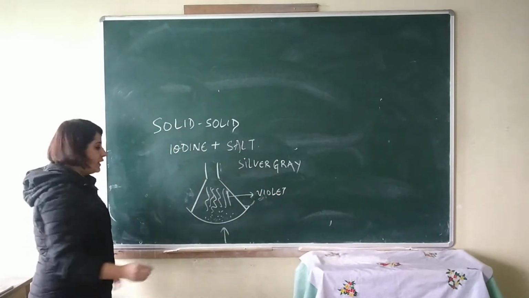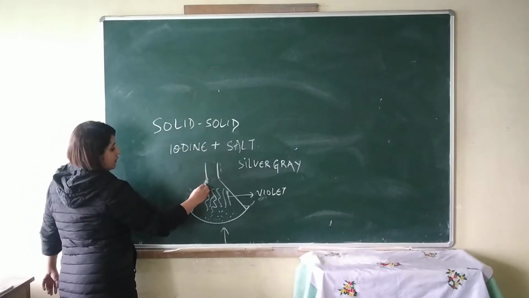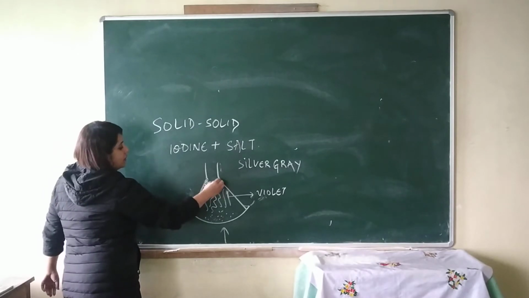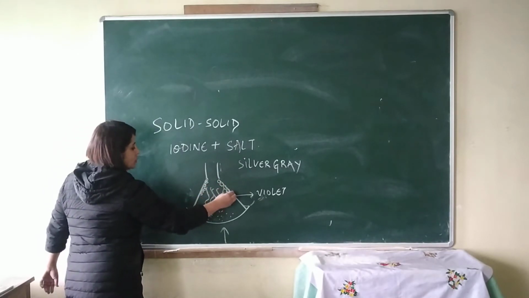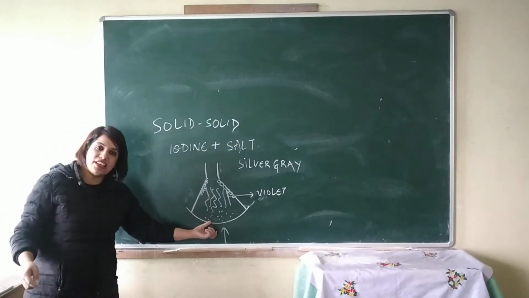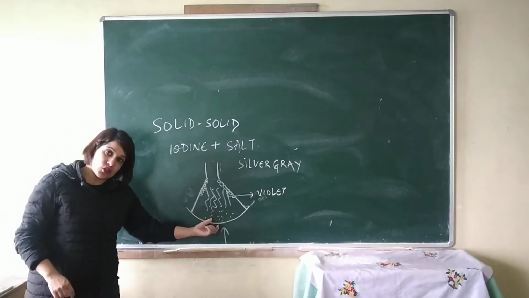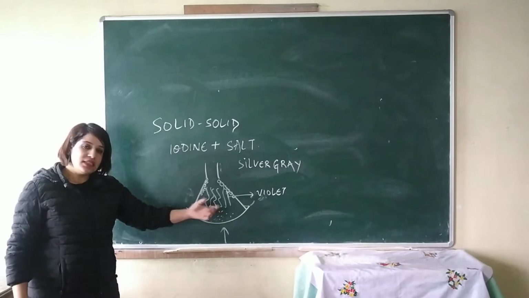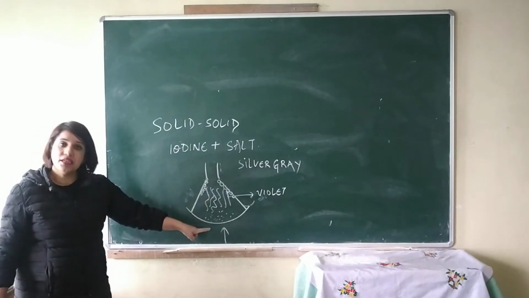You remove the heat. The iodine will change back into crystals or solid form, and now see what is left behind here. Only salt. So we have easily separated iodine and salt.